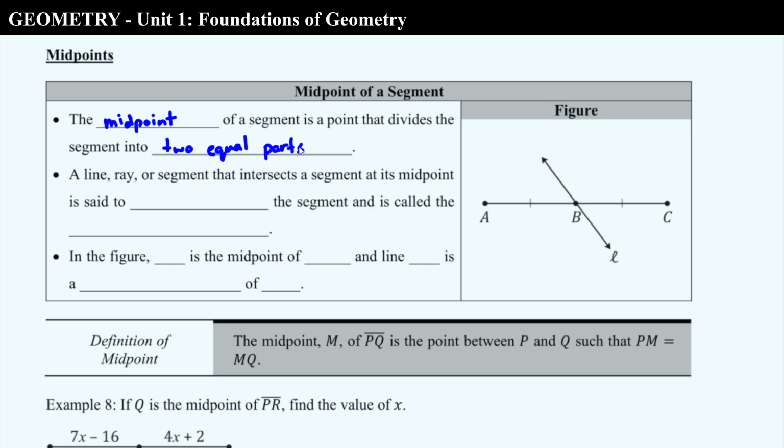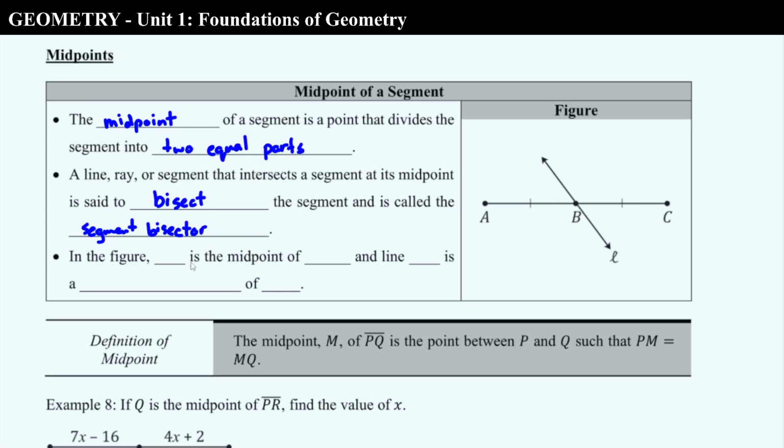A line, ray, or segment that intersects a segment at its midpoint is said to bisect the segment and is called the segment bisector. Again, we are not being that creative with the terminology here. Okay?